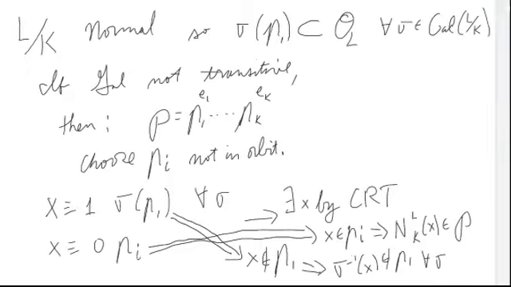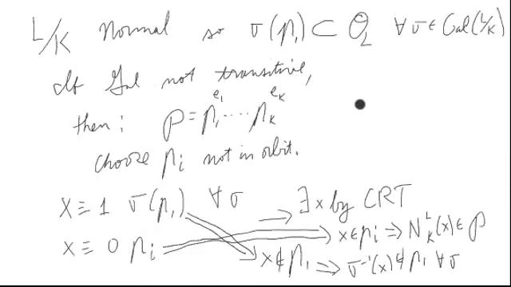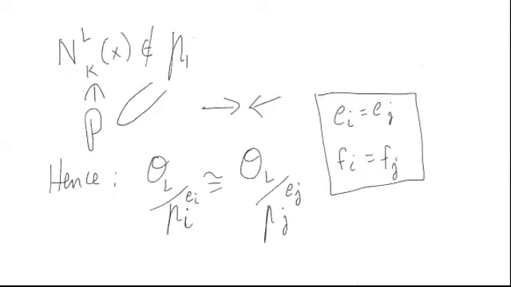So you have a product of guys, and each of those guys doesn't live in here. That means their product can't live in there, because if their product lived in there, one of them would have lived in there, because it's prime.